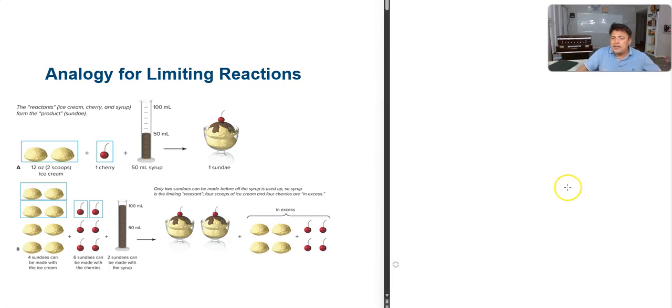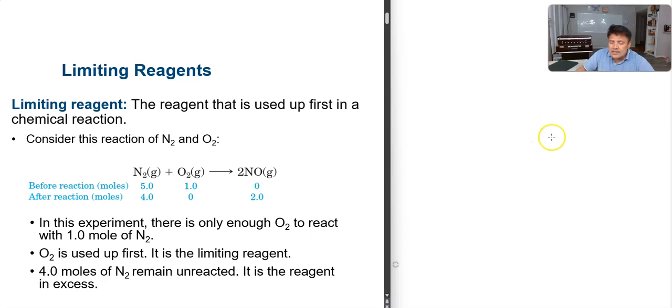Now let's take another example. Nitrogen plus oxygen gives you 2 NO. Before the reaction, let's say you have 5 moles of nitrogen and 1 mole of oxygen.